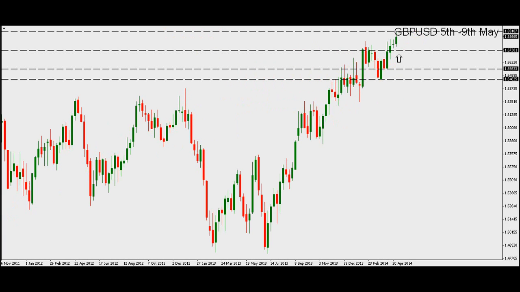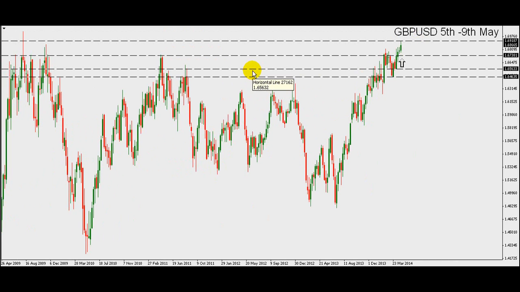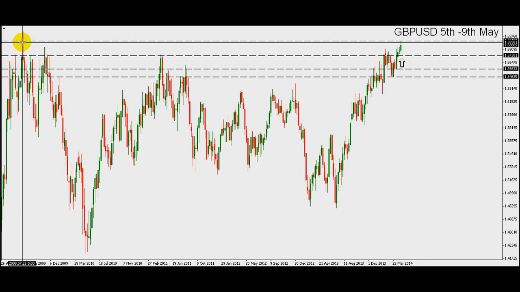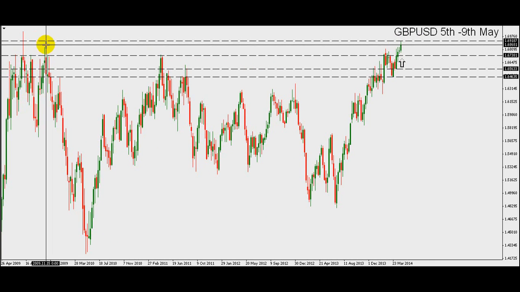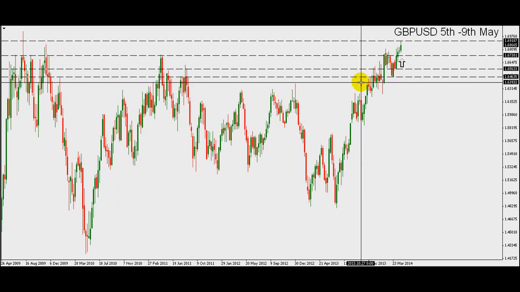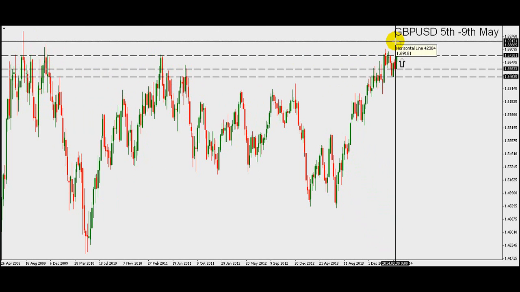If we look on the weekly here, you can see this 169 level is a high right back to 2009, so it's just taken out the recent highs. So it may push on, or we may get some sellers in.